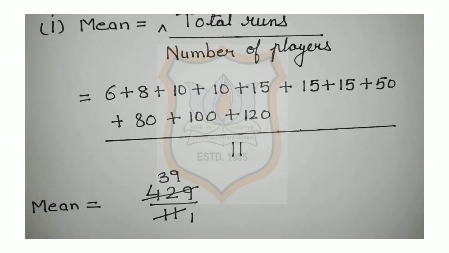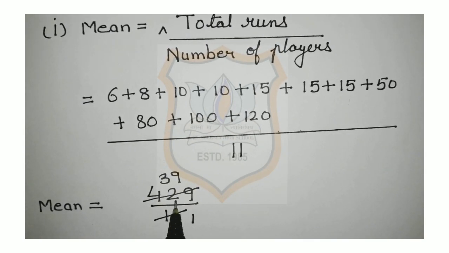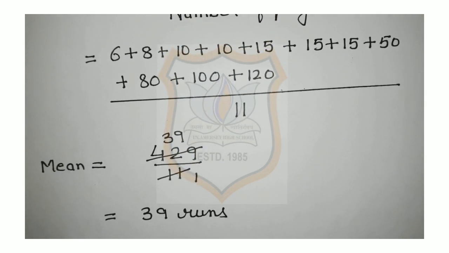After adding all these numbers, I get 429 upon 11. Now 11 ones are 11, 11 39 times is 429. So the mean is 39 runs.